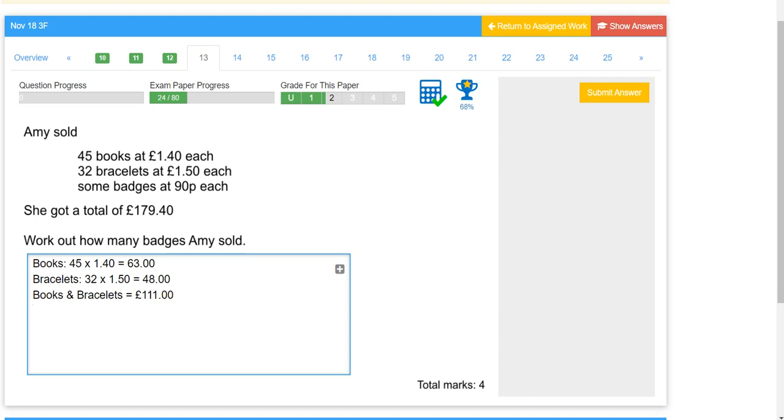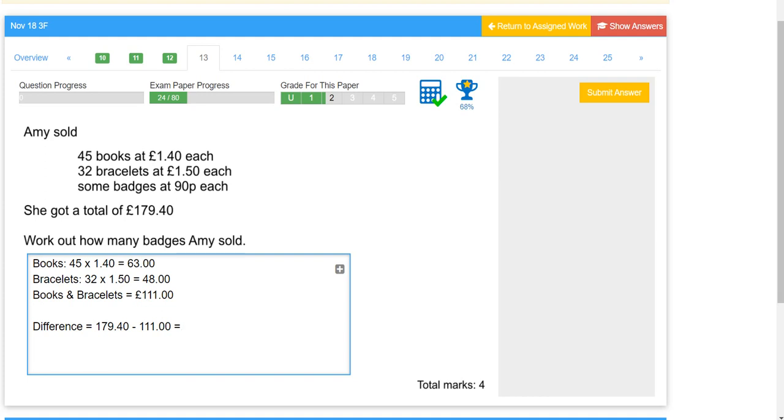Well, I'm told that my total is 179.4, so I want to find out the difference. What's the difference between what the total is, which is 179.4, and what I got my books and bracelets to come to, which is 111.00. Stick that into your calculator.